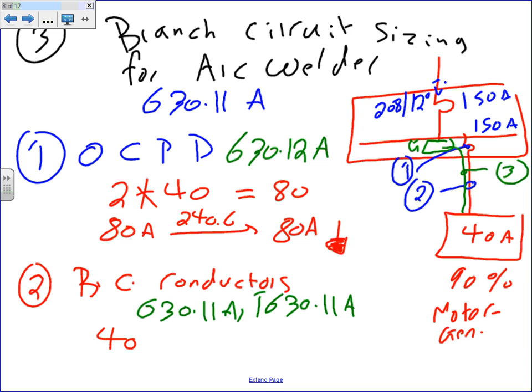For the branch circuit, here's what they do. Take the 40 amps and multiply it by the cycle multiplier. The duty cycle is 90%, motor generator.